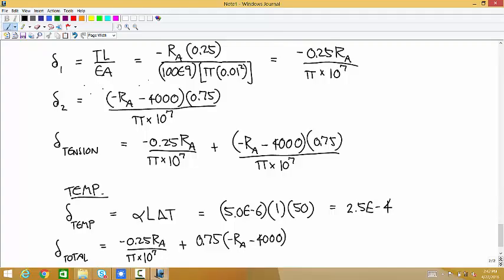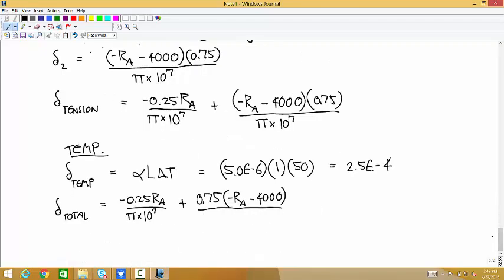The tension is just negative RA minus 3,000 over pi. Okay, I'll just multiply all this stuff through in a second. The denominator is pi times 10 to the 7th. And then the elongation due to the temperature change is 2.5 times 10 to the minus 4th. And all of that stuff has to be equal to 0.